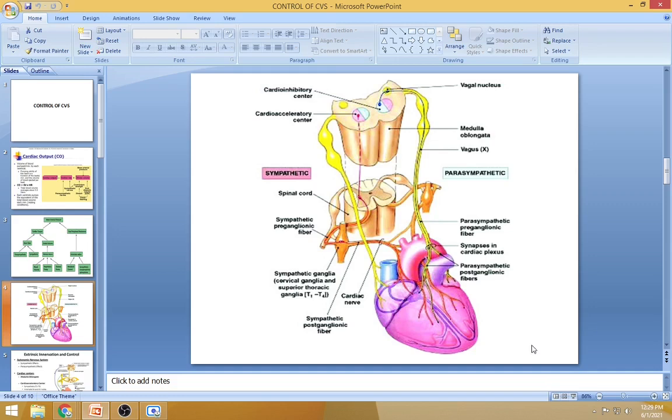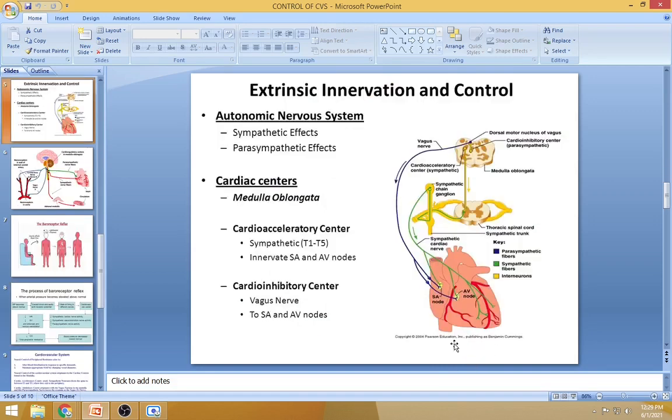Okay, clear? So it is a system that responds to demand. And it is the demand that controls the system, and the system controls the heart. Am I clear?